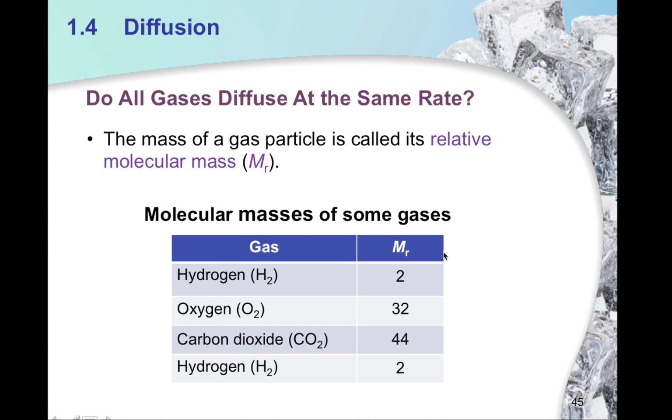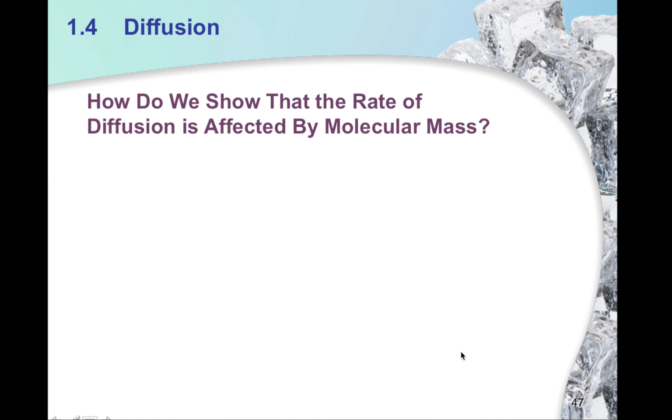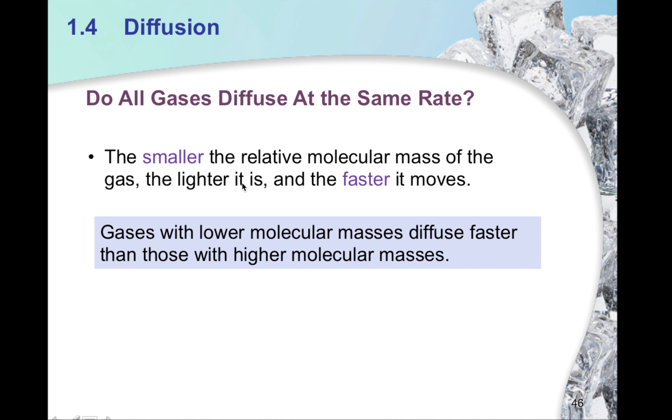The molecular mass denotes how big or how heavy the particle is, and a heavier particle, with a higher relative molecular mass, will diffuse at a slower rate. The smaller the relative molecular mass, the lighter it is, and hence it's able to move faster and diffuse faster.